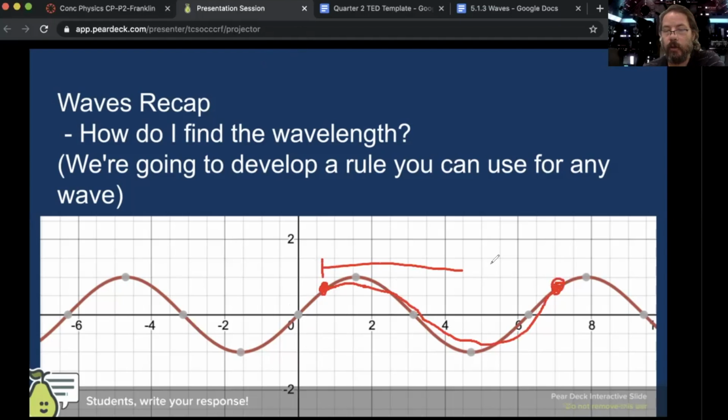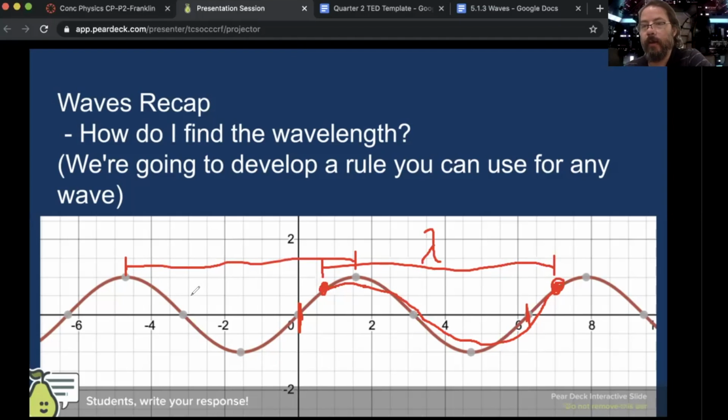That's the wavelength. The distance between those 2 points in a straight line is the wavelength, which is equal to this wavelength, which is equal to this wavelength. It's one of the beauties of waves that once we know the wavelength, we know it for the entire wave. For each section of the wave, we know the length of it.